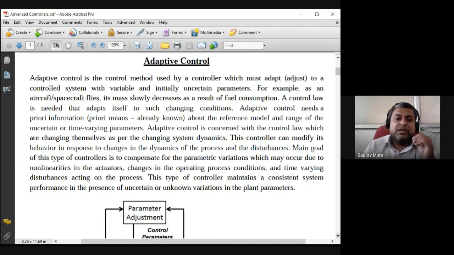So adaptive control needs prior, already known information about the reference model. There is a reference model which will come in the adaptive controller, and we should know this information about the reference model from the beginning, and the range of uncertain or time varying parameters.